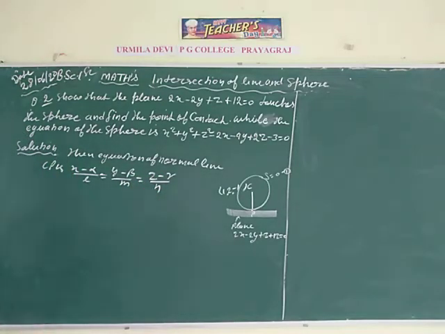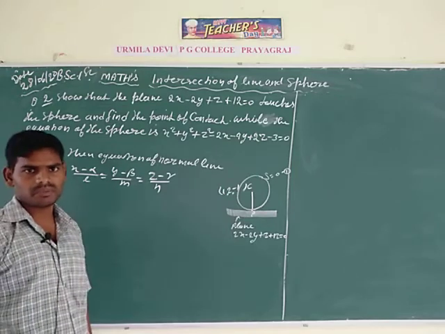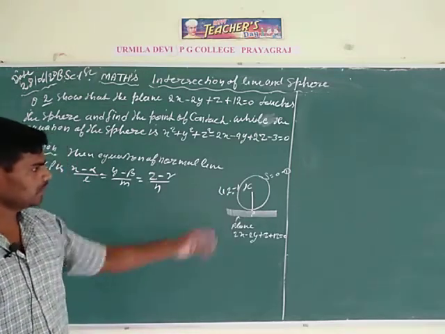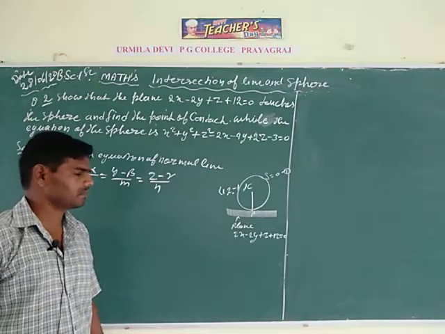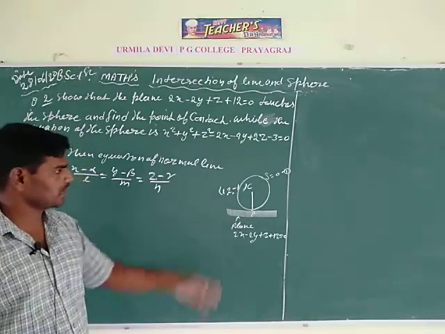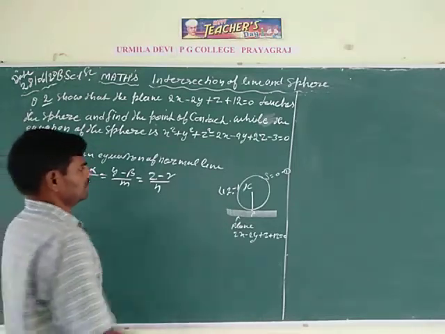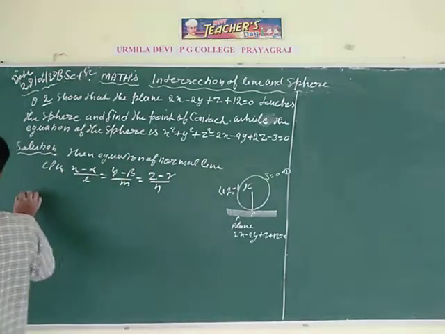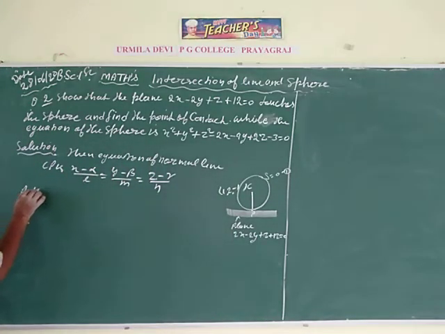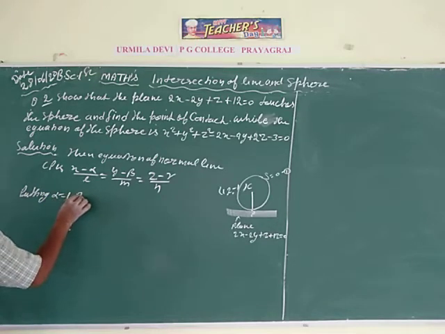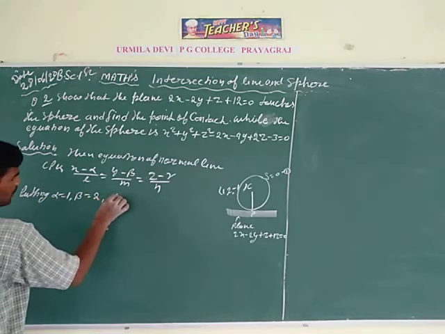Here alpha, beta, gamma are the point through which this line passes. So here the normal line passes through point capital C, whose coordinates are 1, 2, minus 1. So putting alpha is equal to 1, beta is equal to 2 and gamma is equal to minus 1.